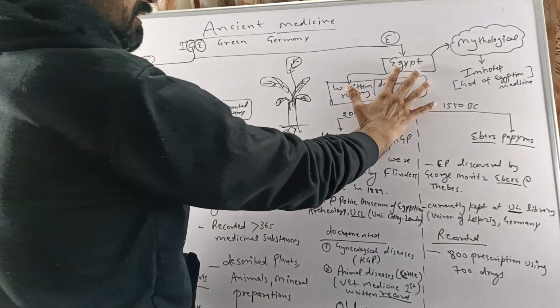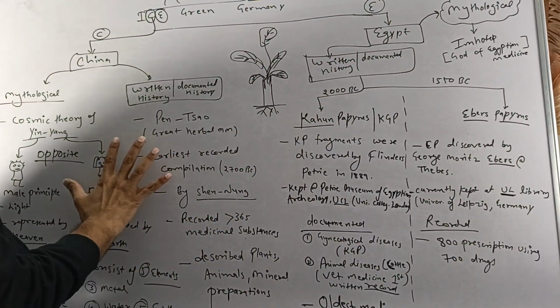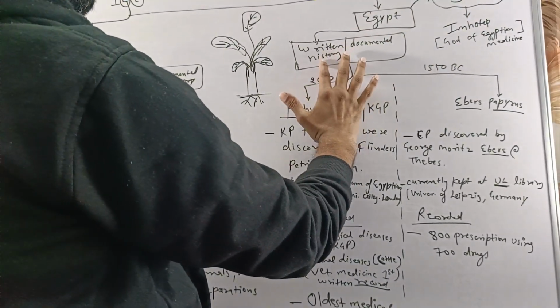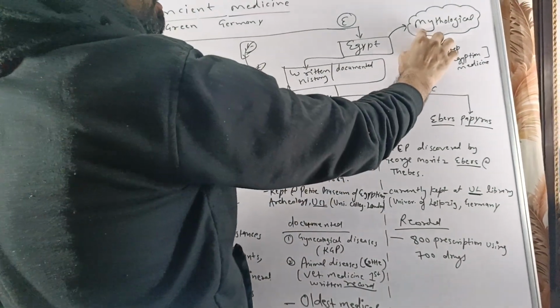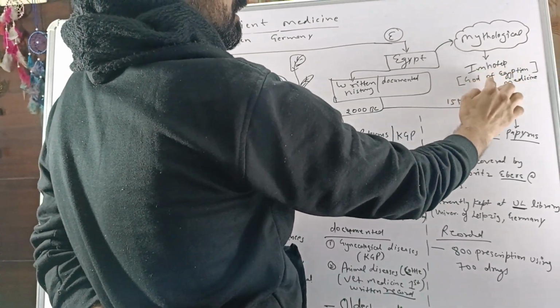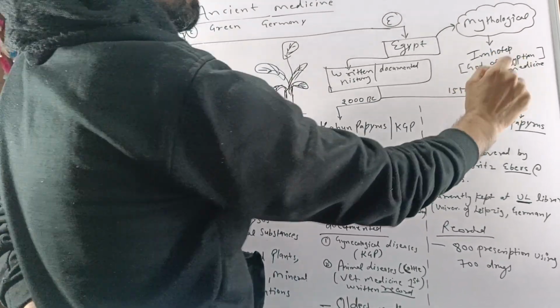Then Egyptian medicine. Similar to India and China, here also there is a mythological origin and a written history. According to the mythology, Imhotep is the god of Egyptian medicine.